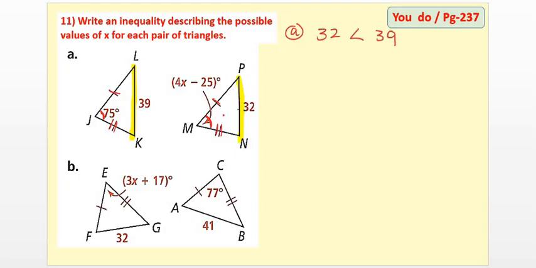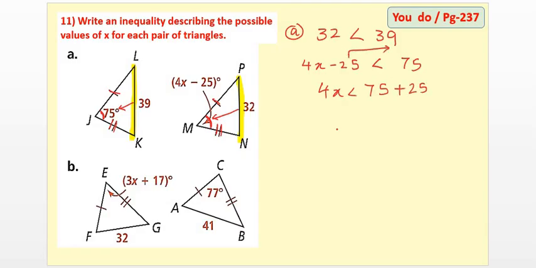So when you look at the opposite angles to these sides, what is opposite to 32? It's 4x minus 25, and what is opposite to 39? It's 75, right? So we can make this inequality by looking at the inequality of the third side. If you keep 4x over here and move 25 to the other side, it will be added on the other side.